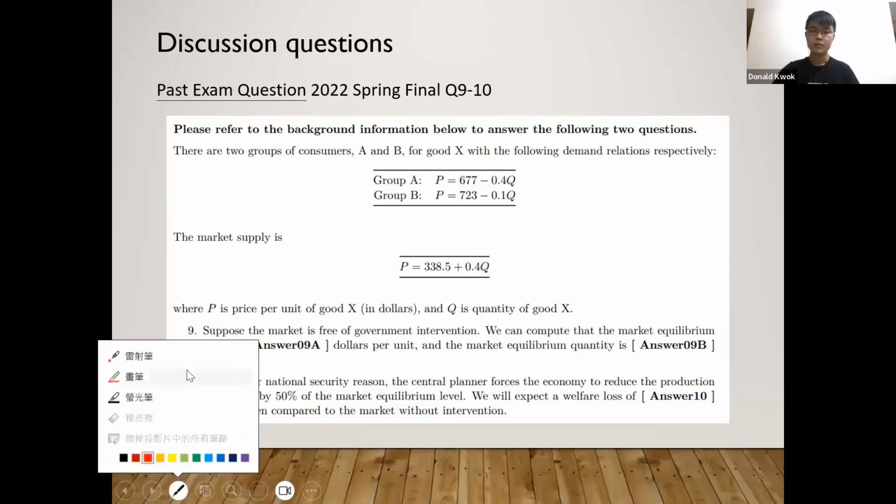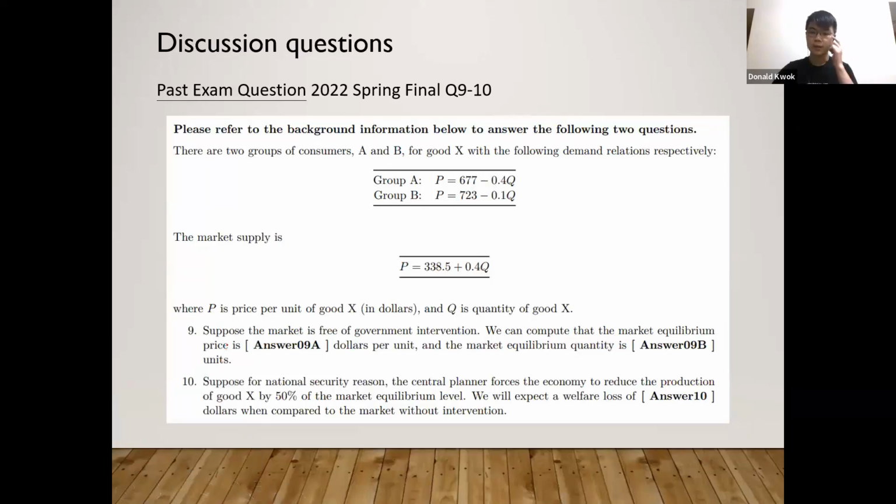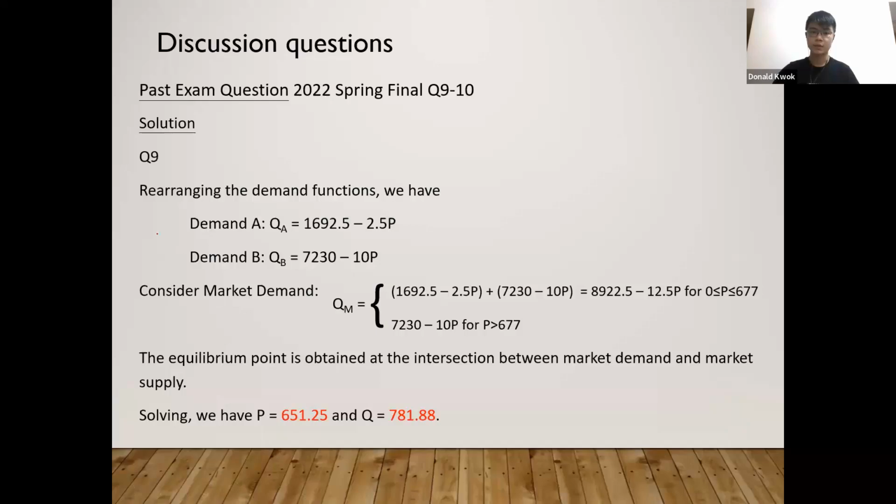To derive the demand curve, we assign our quantities instead of prices, so we need to do the change of subject, express Q in terms of P first. Sum up the two individual demand expressions when the price is low, and only the demand expression for group B when the price is high.